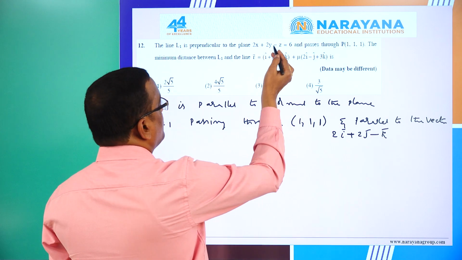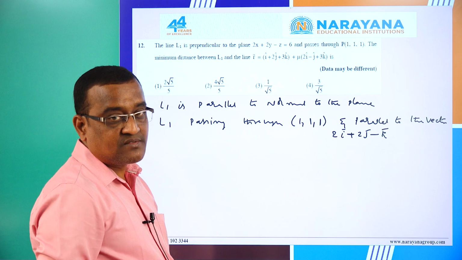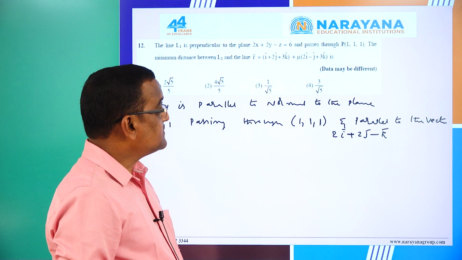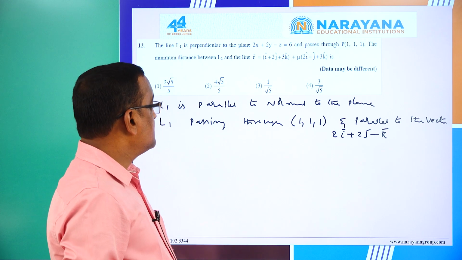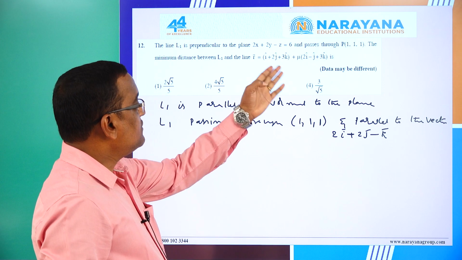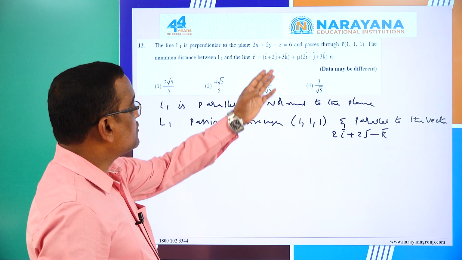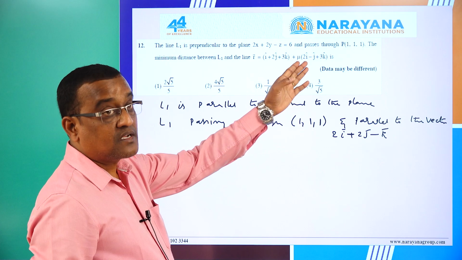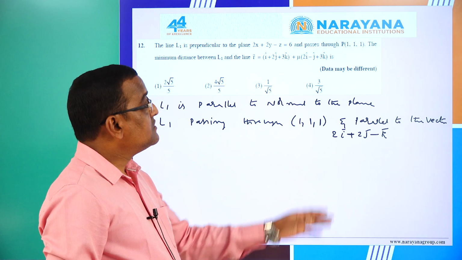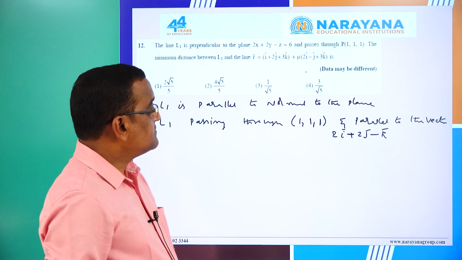These 2, 2, minus 1 are DRs of the normal to the plane, that's why L1 is parallel to this. Now, the second line passes through 1, 2, 3 and is parallel to 2, minus 1, 3.